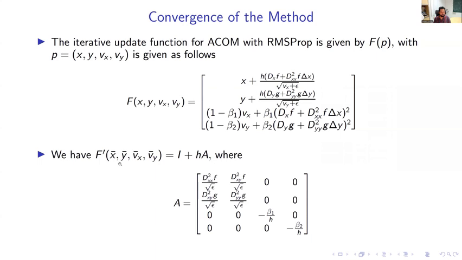And if we look at the derivative of that fixed point iteration, it can be written as I plus HA. For good enough H, and if A happens to have eigenvalues within the unit ball, then the fixed point iteration theory tells us that it will be a convergent method, and this is what we prove in the paper.